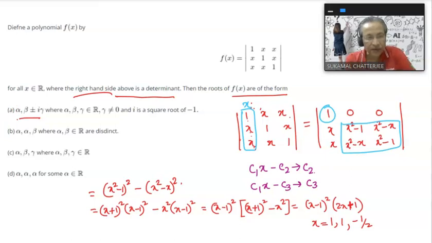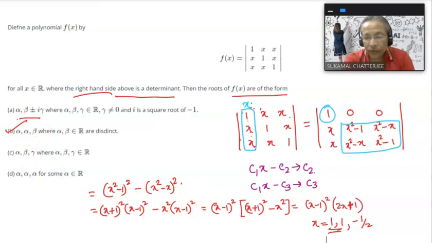The other options are alpha, beta, gamma, real numbers, but then there will be 3 distinct roots, whereas we have 2 equal roots and 1 unequal root. Option D says alpha, alpha, alpha, which means all 3 roots are equal, which is also not the case. So option B is the correct answer.